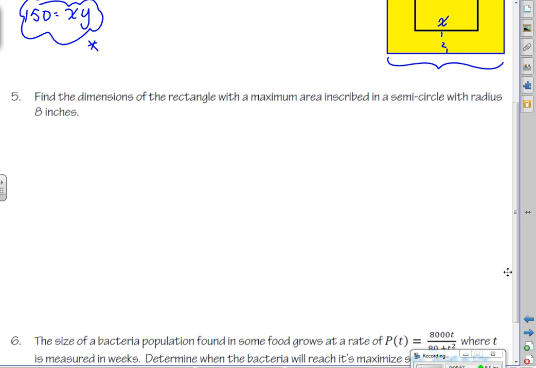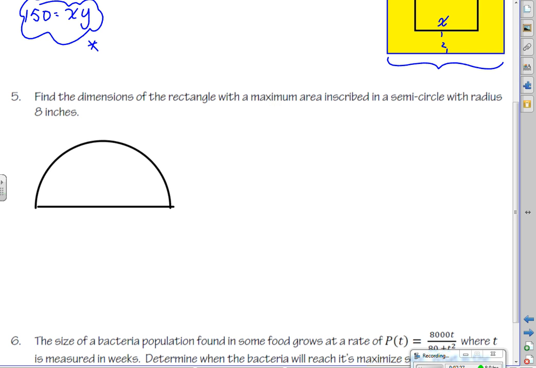5, find the dimensions of the rectangle with the maximum area inscribed in a semicircle with radius of 8 inches. Okay, so we have a semicircle, and oops, that didn't work so well for me. I'll try to redo. So semicircle and cut off there. And then we've got a rectangle with a maximum area inscribed in a semicircle.